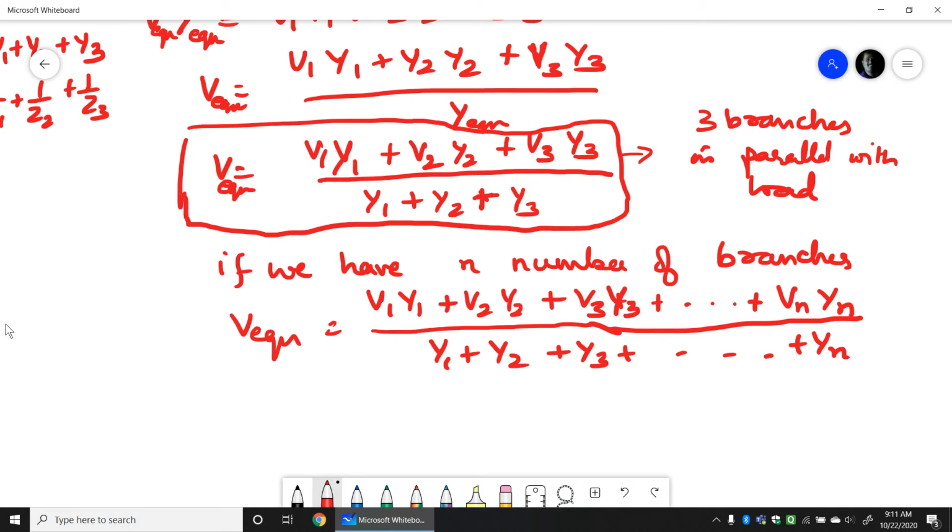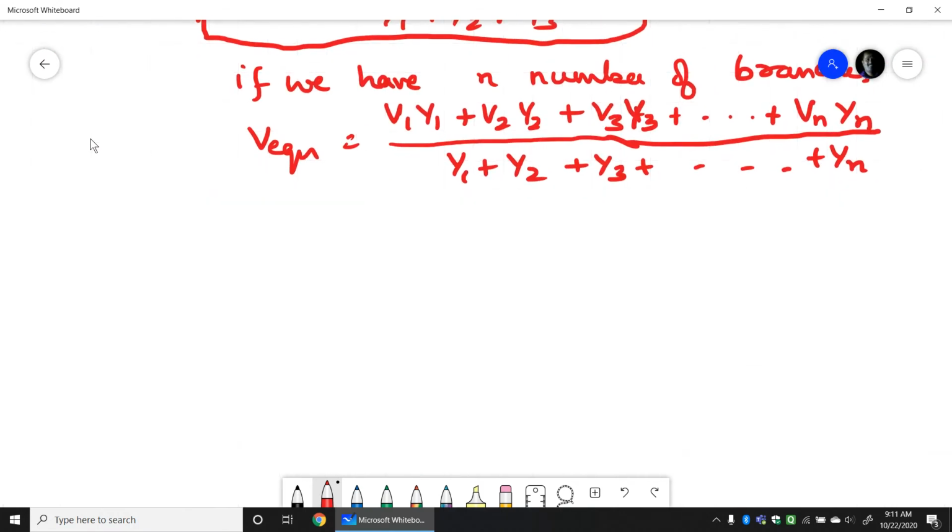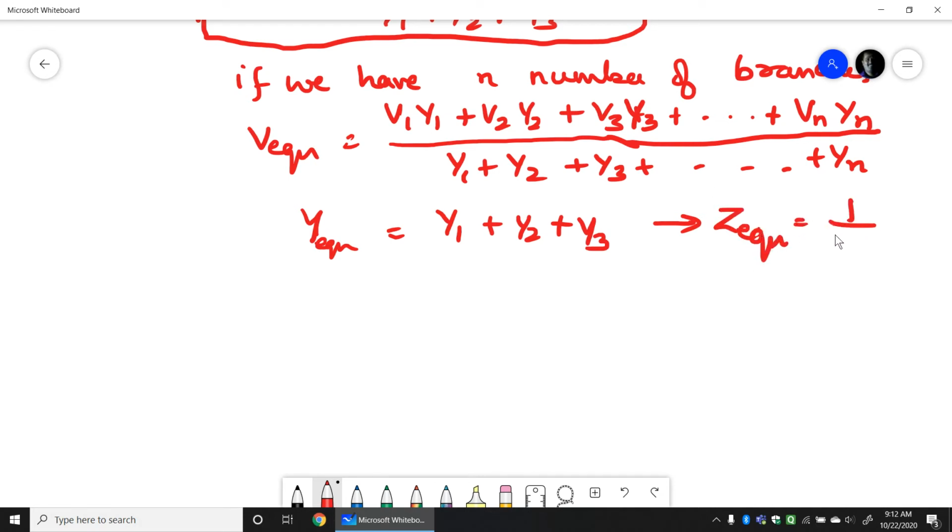Now coming to the impedance, as we have already written, Y equivalent is nothing but Y1 plus Y2 plus Y3. Either you can use this formula to find the impedance: you find Y equivalent, and then you say Z equivalent equals 1 over Y equivalent. That's it. So this is how we find Z equivalent.